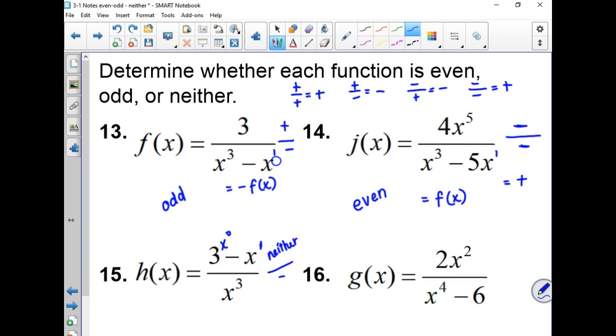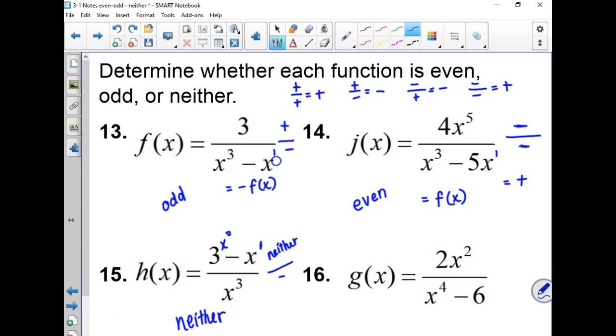Now the denominator would be negative, but if we have one that's neither in the numerator or denominator, then our answer for this is that the function is neither odd nor even. So if you get neither on top or bottom, then the answer is neither.